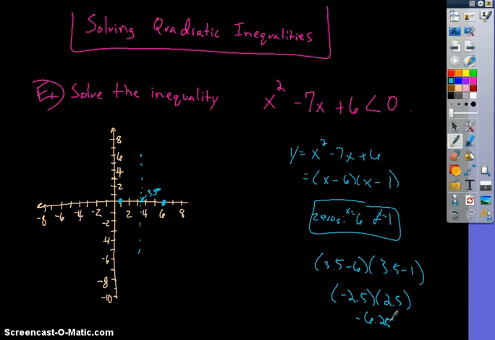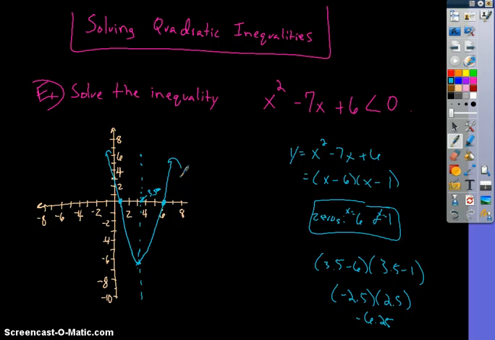So now I should go down about 6 and a little bit more. It's about right here, maybe a little higher, around right there. And I have a curve I can draw. And that would be the graph of y equals that.